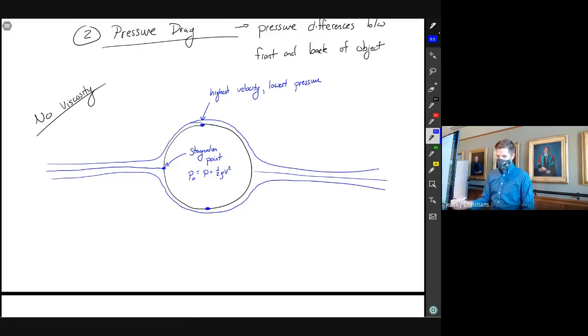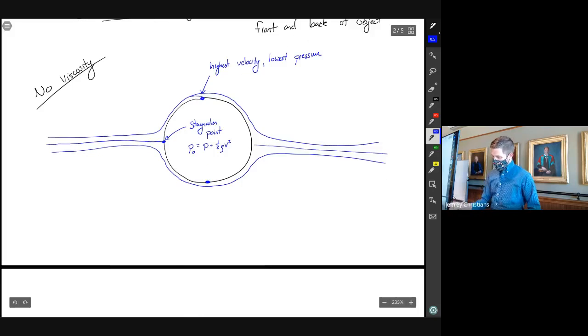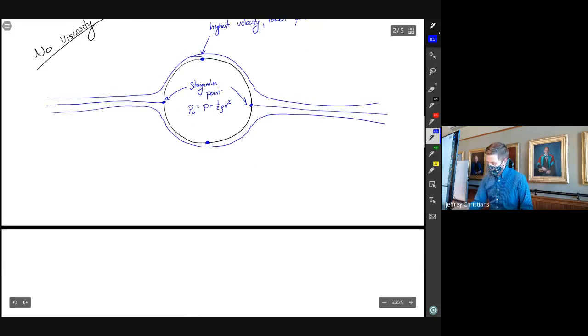So we would have low pressure at the top and bottom of our object. We have high pressure on the front edge, but we also have a stagnation point at the back. The fluid flows totally around the object, and we get high pressure on the front side and high pressure on the back side. So the pressure forces cancel out, and we don't have any pressure drag.